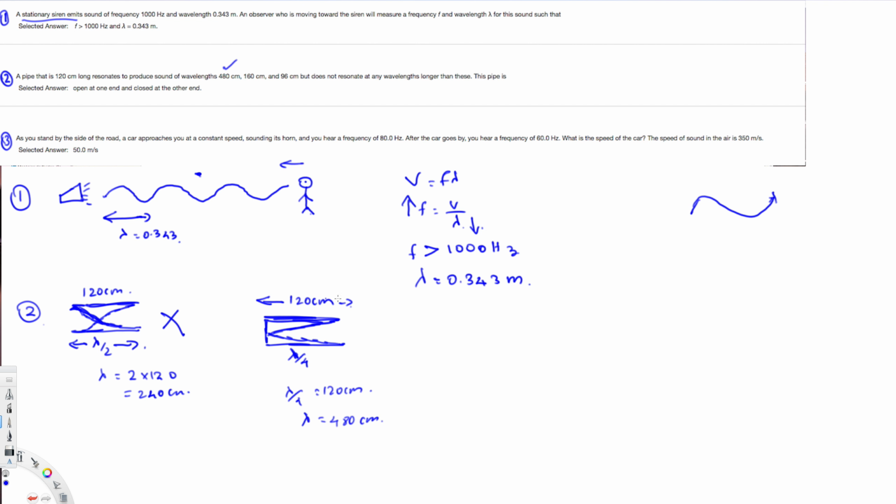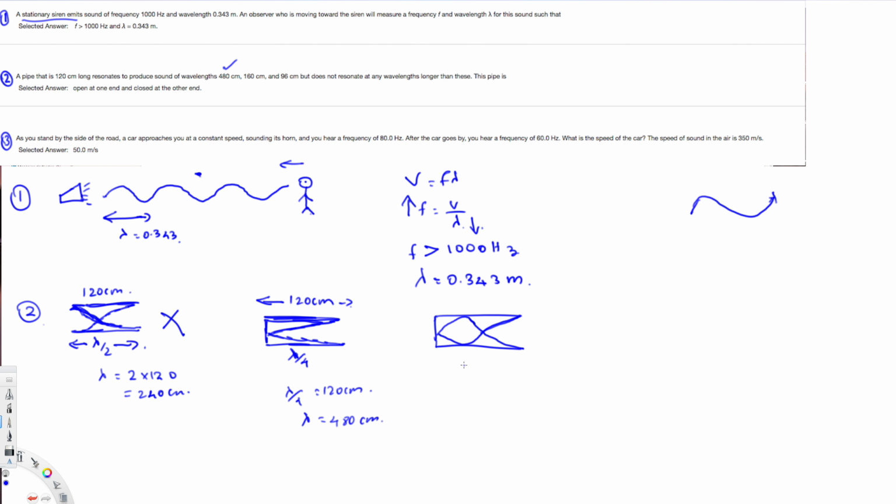But if you're still not sure, we can check the second harmonic and see whether it matches the other values. What is going to be the second harmonic for this one? One antinode passes, and we are going to have another antinode. That's the second harmonic pattern.